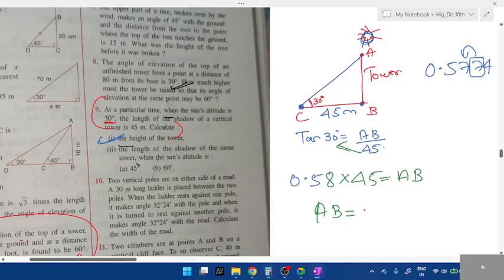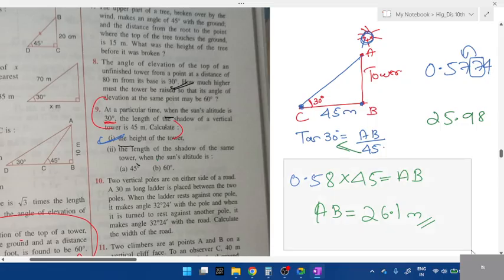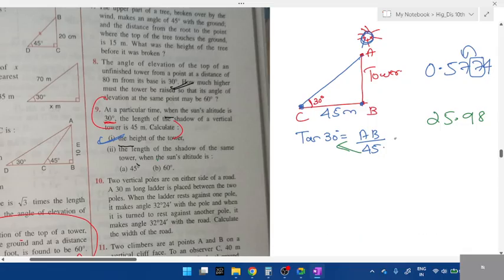Is it 26.1? 25.98. Okay, then instead of 0.58, even 26.1 is also correct, students.